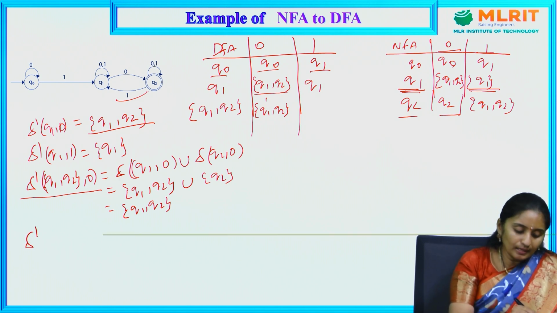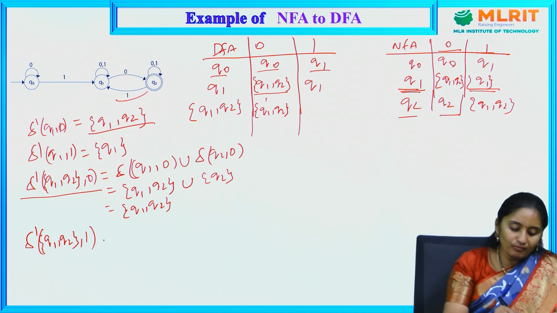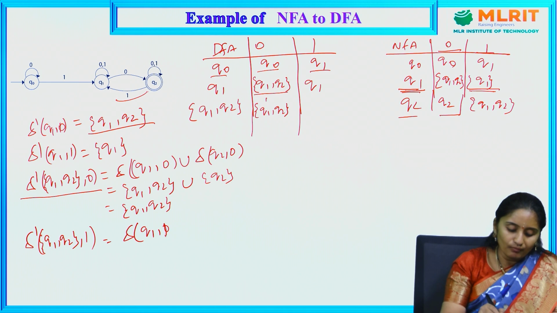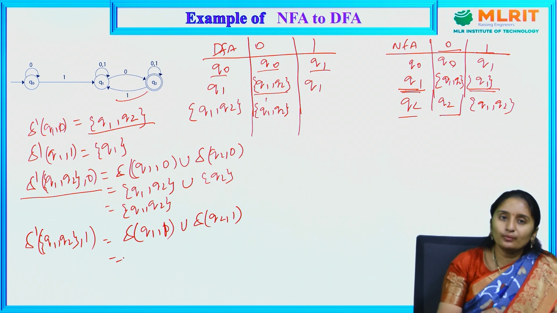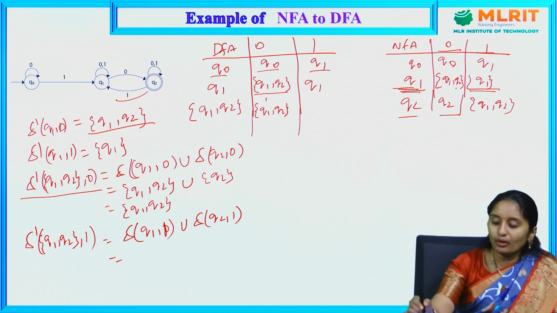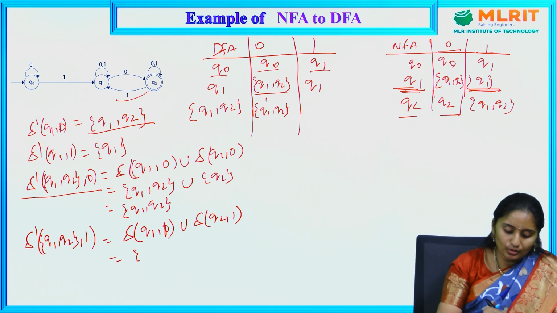So delta dash of Q1, Q2 on 1 input. Delta of Q1 comma 1 union delta of Q2 comma 1. Q1 on 1, what do I have?